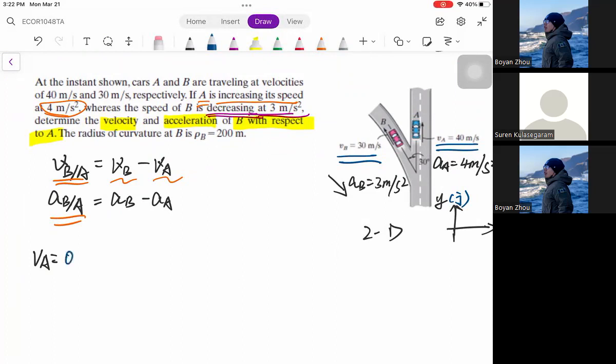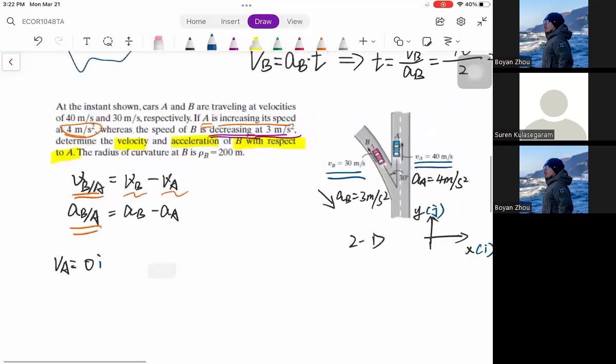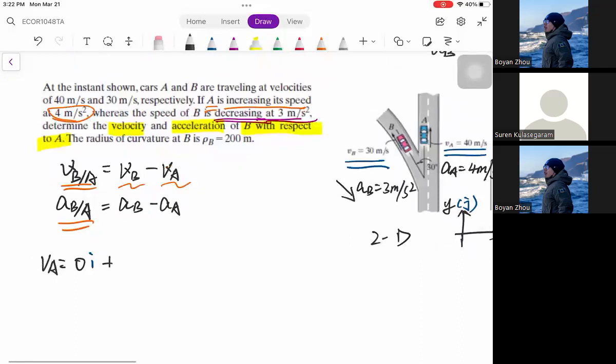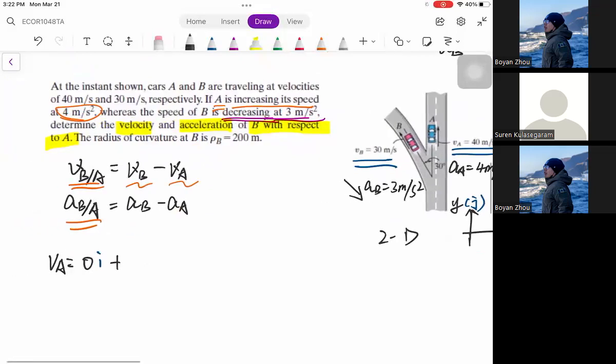So it's going to be 0 I plus, the J direction is pointing up, so 40J. So that is for VA.